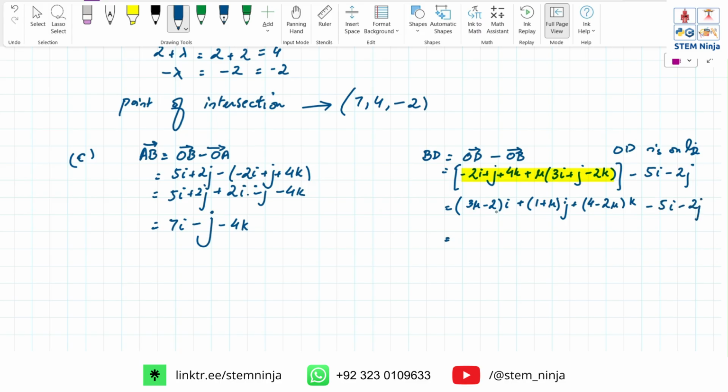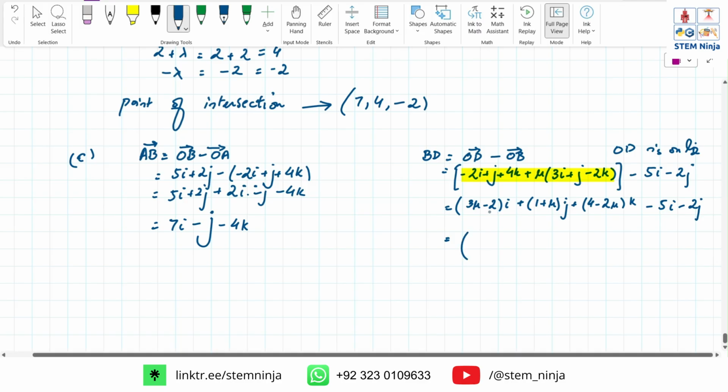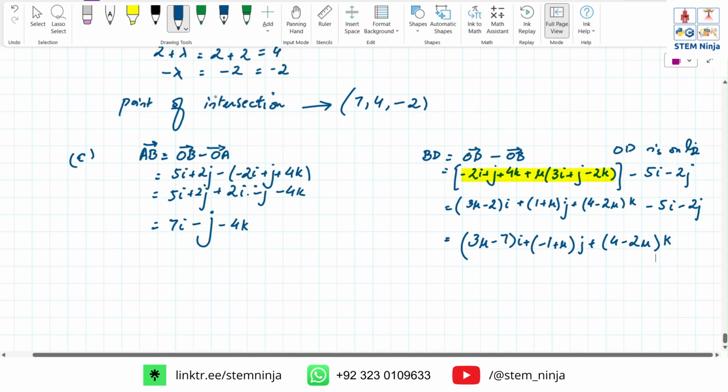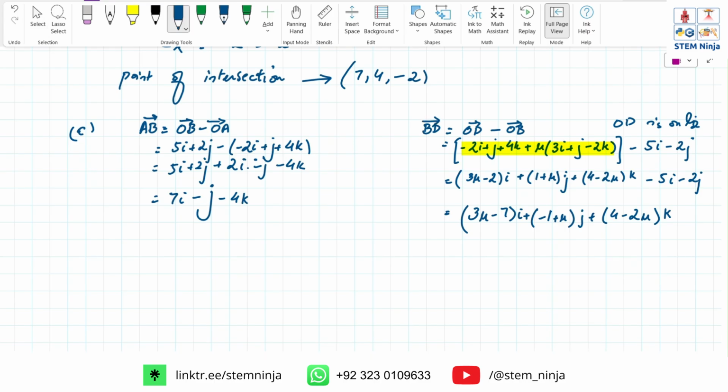So let's add the minus 5I and minus 2J. Minus 2 minus 5 would be minus 7I plus 3 mu I, and J would be 1 minus 2, minus 1 plus mu J, and the K component remains as it is, 4 minus 2 mu K. Now we are not equating vectors, we are equating lengths.